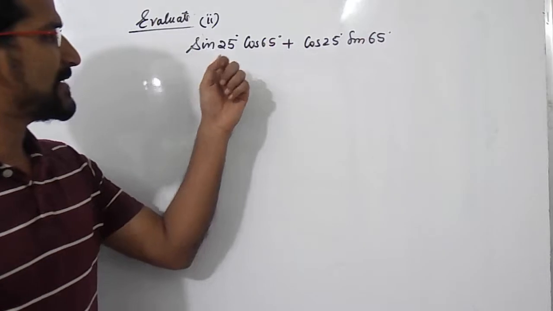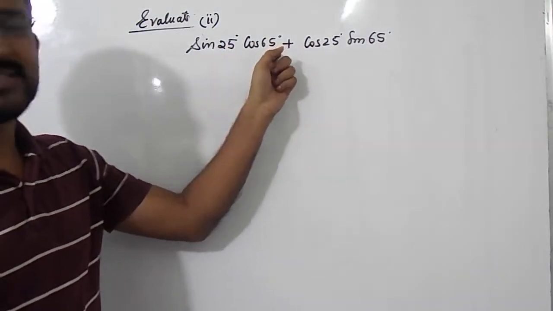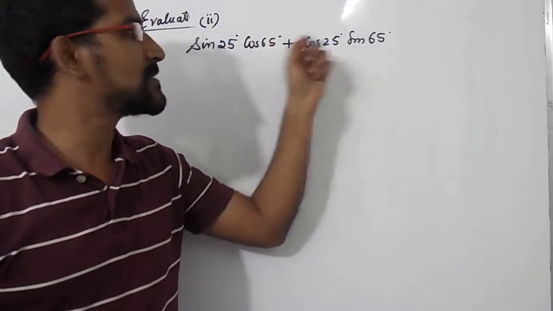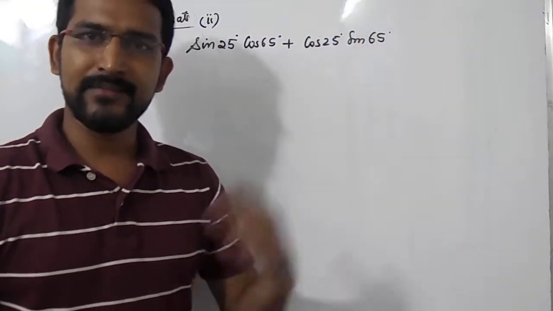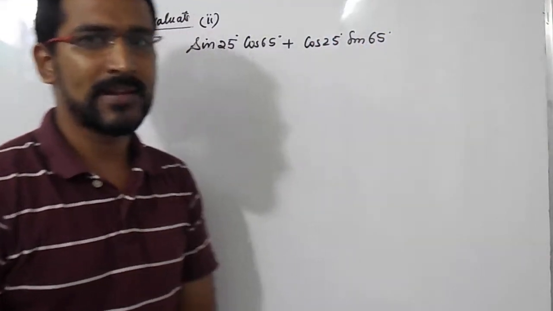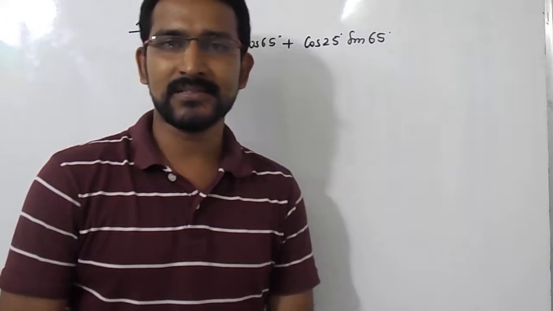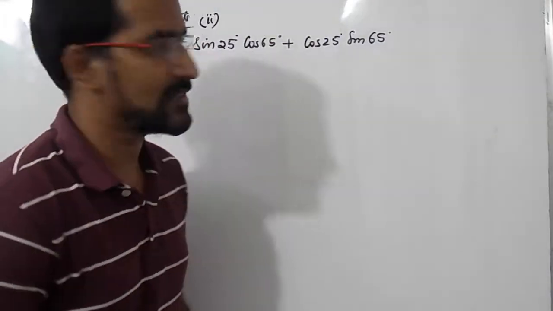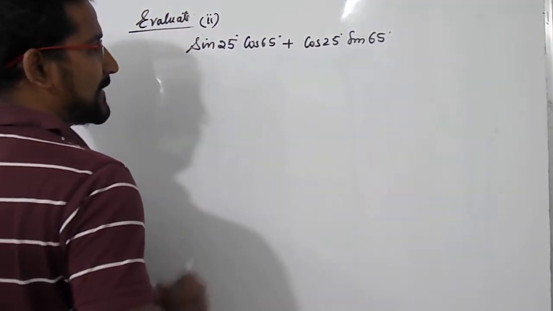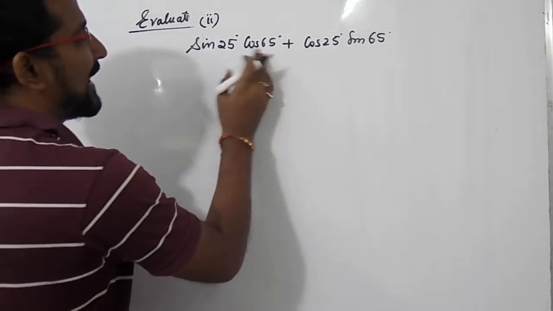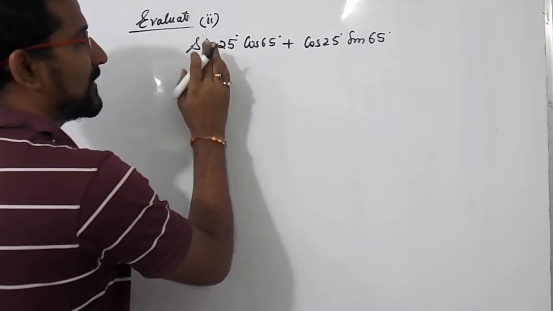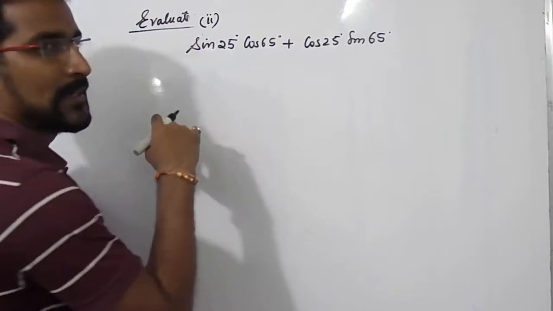So again, if you see here, 25 and 65 both are complementary angles. Again we'll use that same formula that we have studied, that sin (90 minus theta) is cos theta and cos (90 minus theta) is sin theta. So you convert either one of the two, either sin to cos or cos to sin.